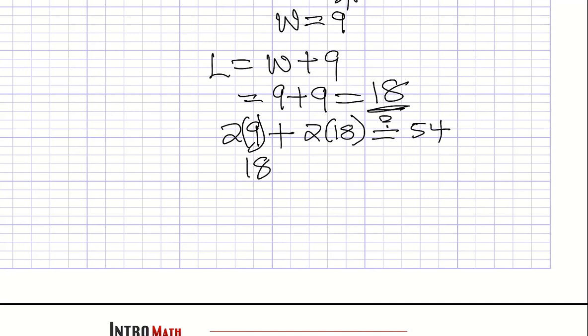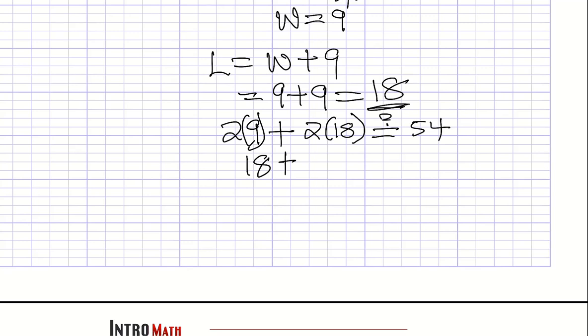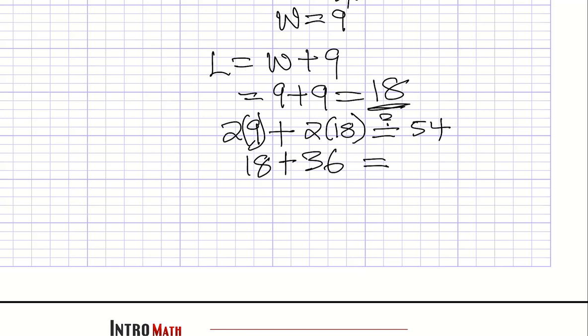This is 18 plus, what is 2 times 18? It's 36. Okay, what is 36 plus 18? You see, that's 54. So we got 54 is equal to 54, which is true.